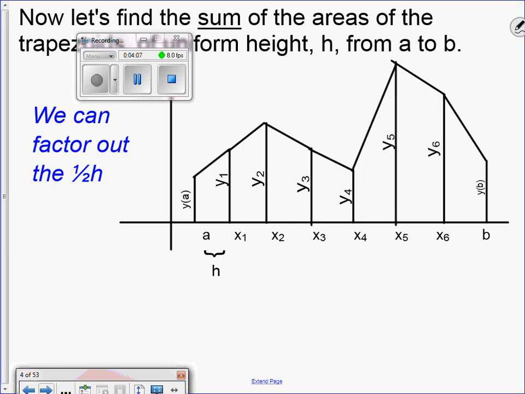Ready, guys? All right, now, if the heights of each one of these trapezoids is the same, if we want to get the sum of all these areas, what can we factor out? What will they all have in common? The half and the height, right? The 1/2 height. All right, so we're going to write down our trapezoidal approximation.